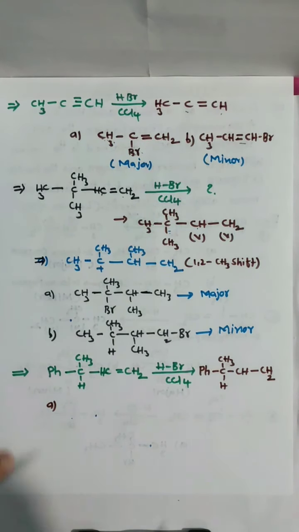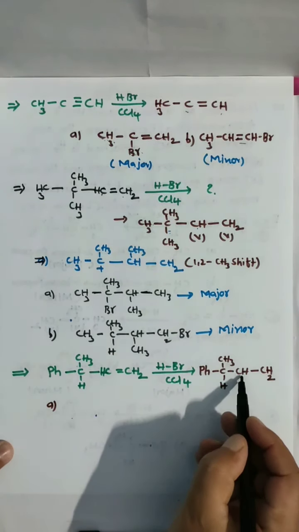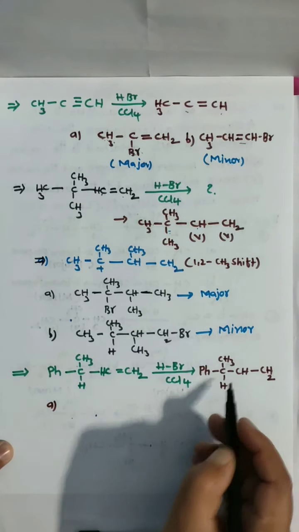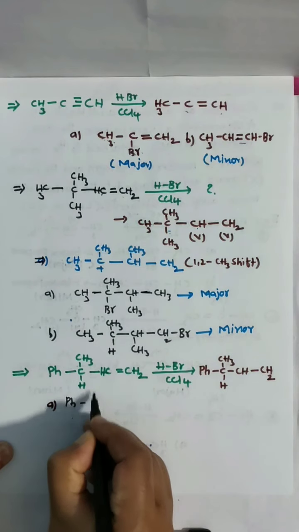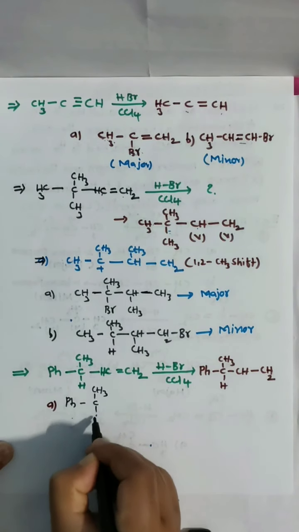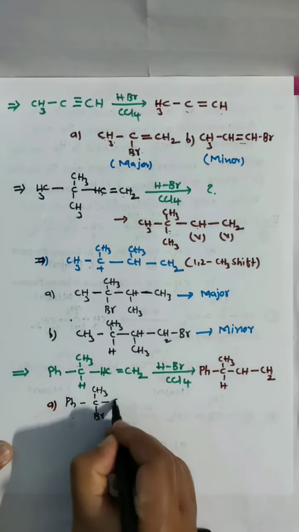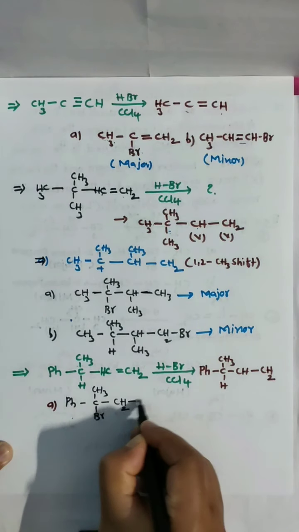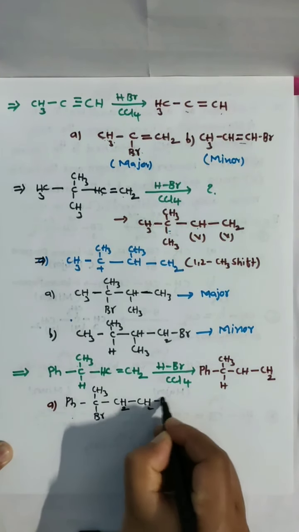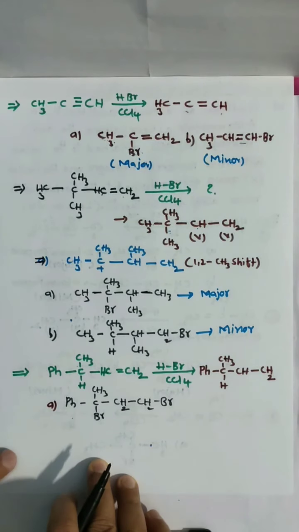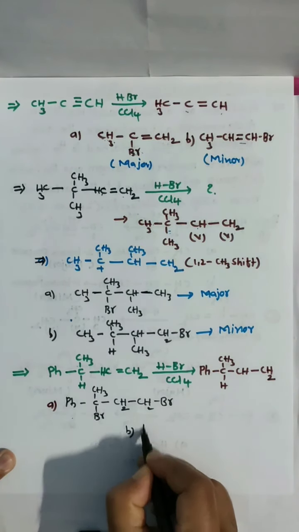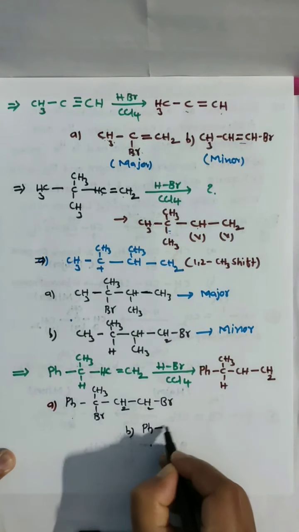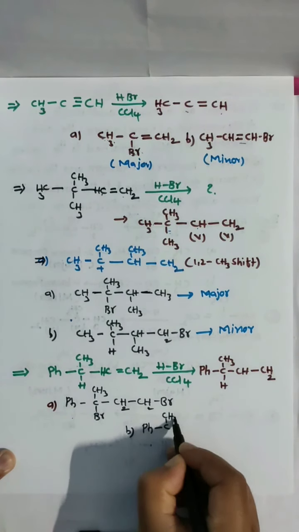Then what are you getting? This hydrogen moves to here. Then here is the vacancy. That's why phenyl C, CH3, here bromine, bond CH2, bond CH2, Br. Am I right? This is one product. And another product you are getting: phenyl group, bond C, CH3.